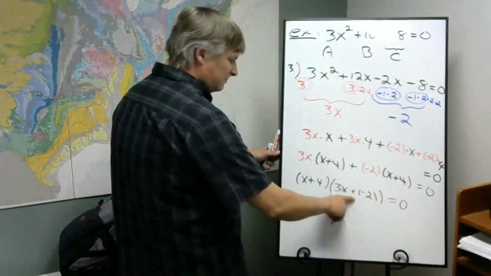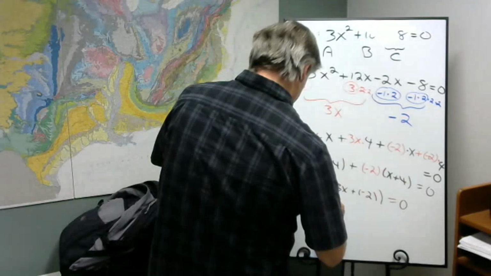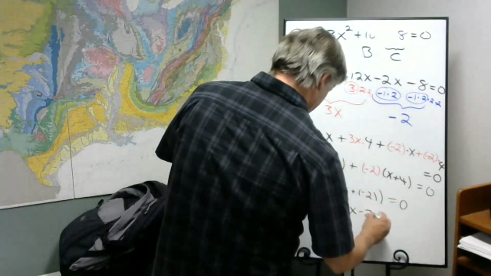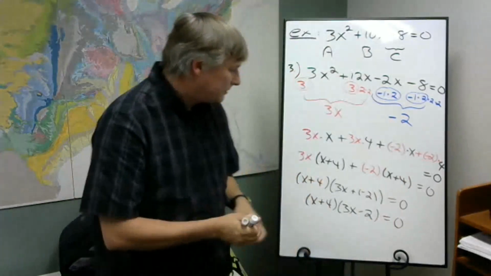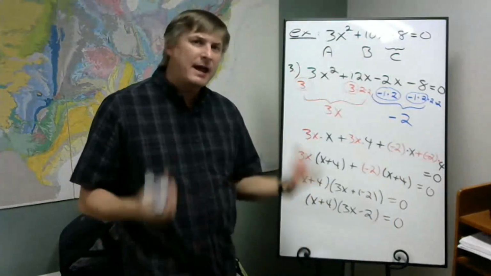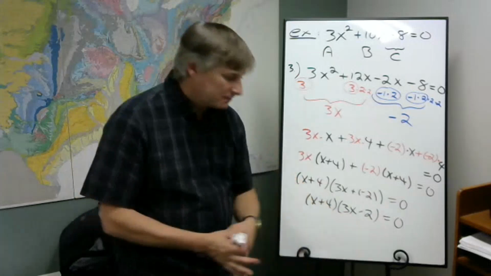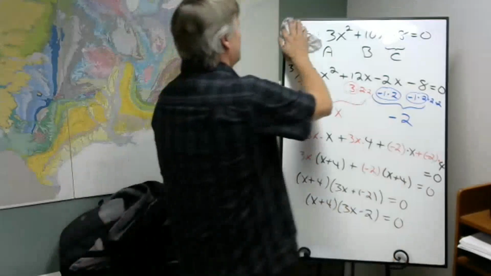I rewrite this as just subtract 2. Now, in the past, we would be done. We've factored this and we're finished. But we still need to solve for 0. So we're going to take this one step further.